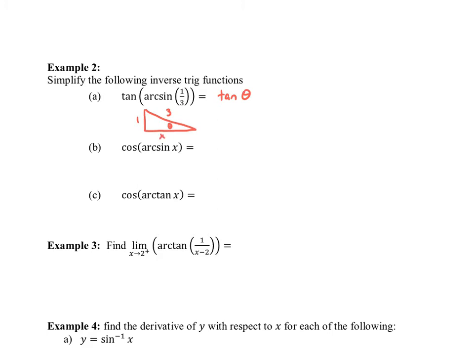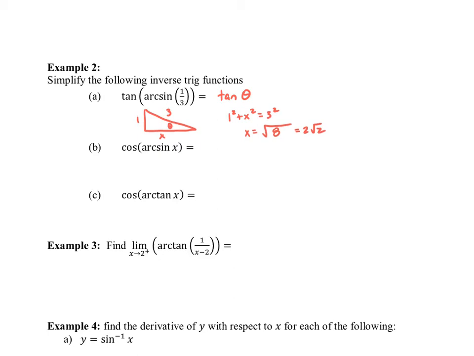So we have some unknown side here. Now we could just use the Pythagorean theorem and calculate 1 squared plus x squared equal to the hypotenuse squared, and that gives us the side length of the square root of 9 minus 1, so the square root of 8, which we could write as 2 square root 2.